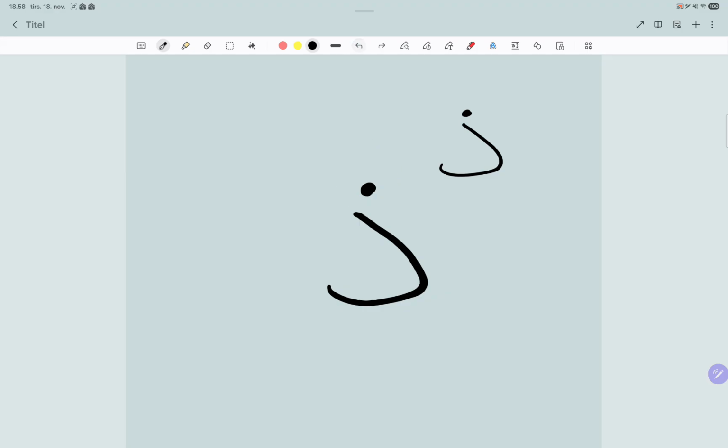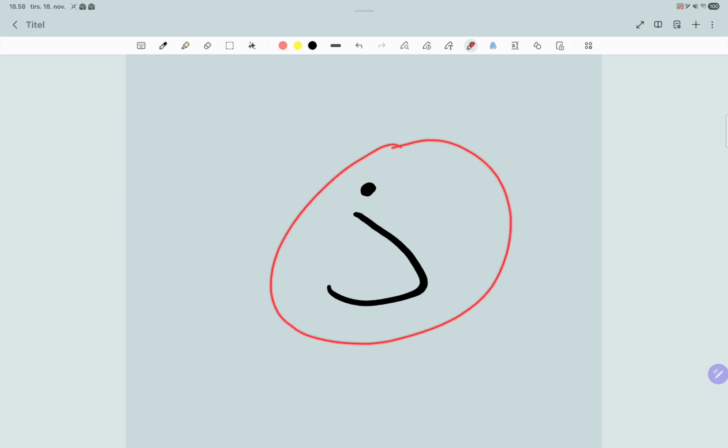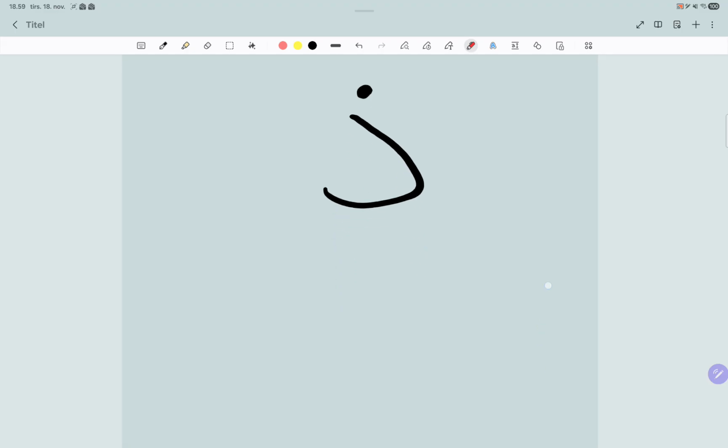So this dot makes the difference. So it's very important for you to understand that you have to look at it and remember it. So say after me. Dhal. Okay, let's try to draw it again.